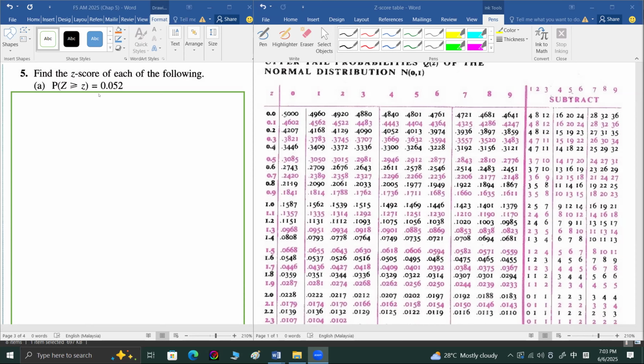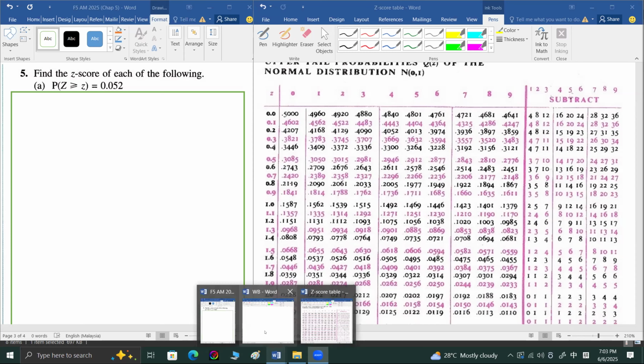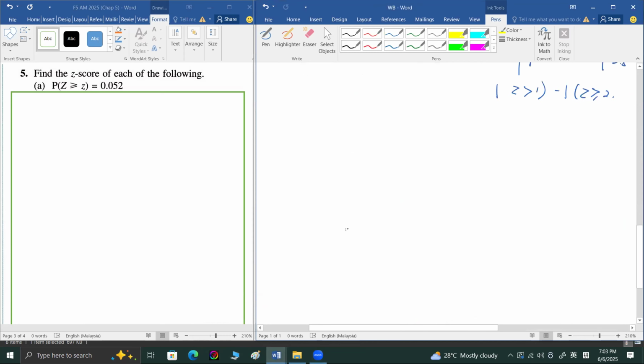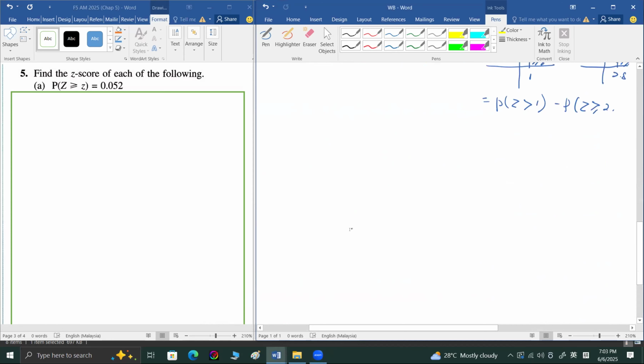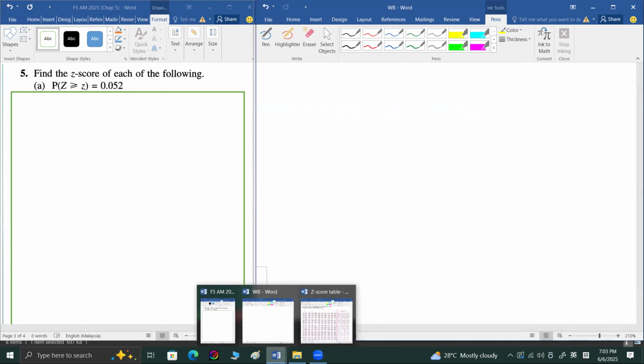Okay, this means what? Class, greater than Z. What I want you to understand is, if you are given a question like this, where I have drawn just now, it's okay, I redraw.